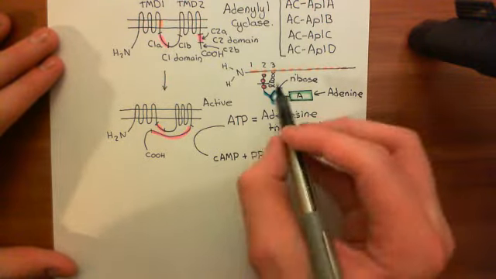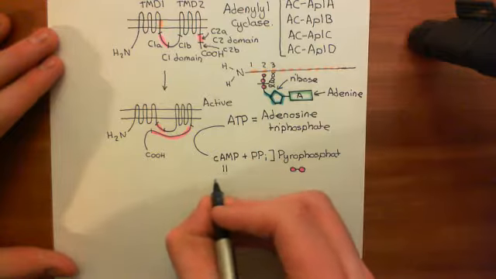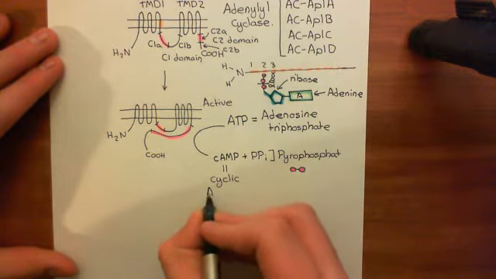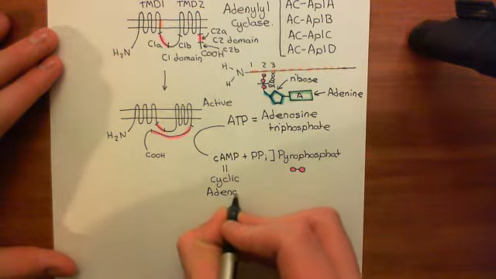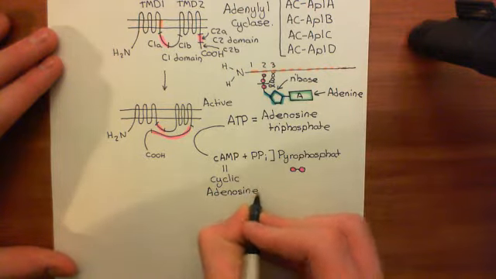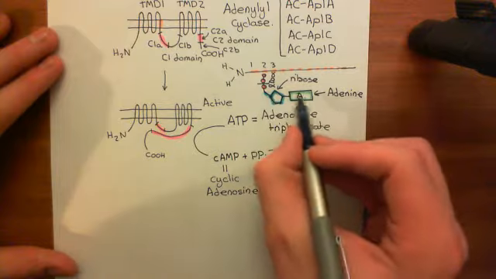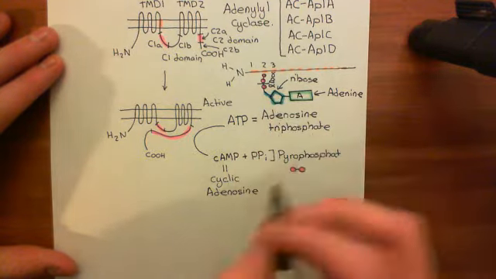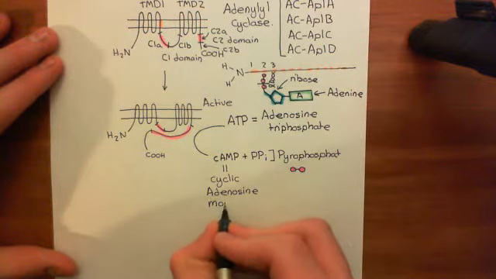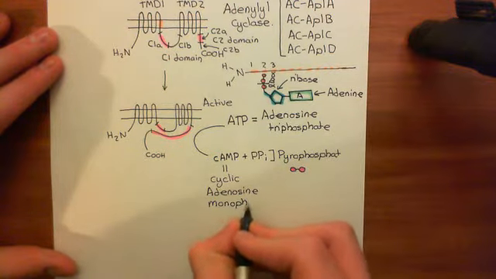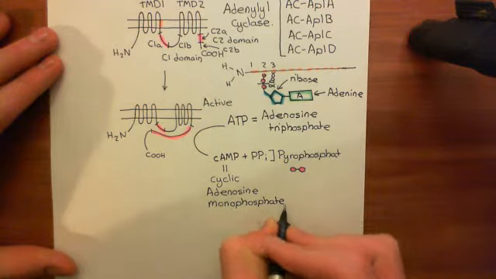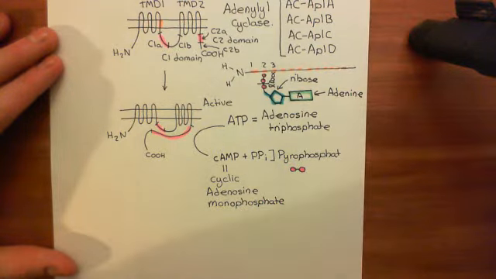Meanwhile, cyclic adenosine monophosphate, often abbreviated to cAMP or called cyclic AMP, is basically not just what is left. If you just leave adenine bound to ribose bound to a single phosphate, that would just be adenosine monophosphate. We need to create a new cycle in this molecule to turn it into cyclic adenosine monophosphate.